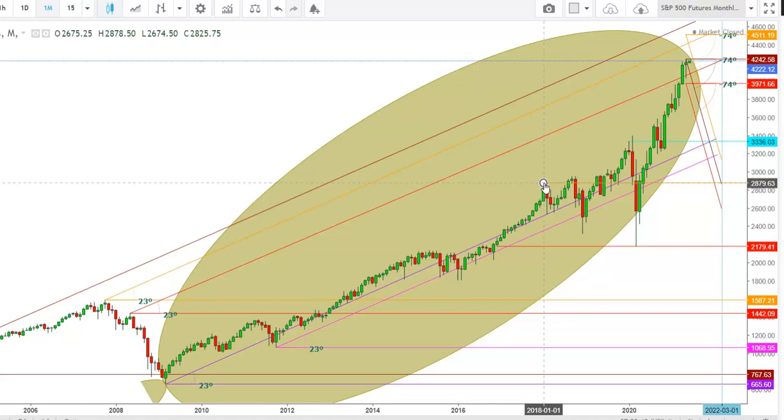But once again we have seen some sell-off from the levels of 2893 during the month of February 2018, and the S&P 500 futures could not sustain above the levels of 2879.